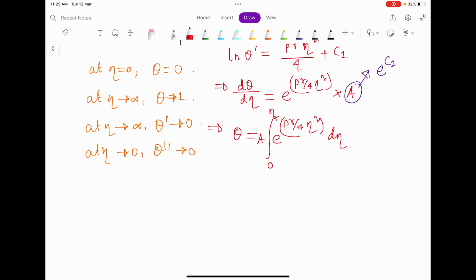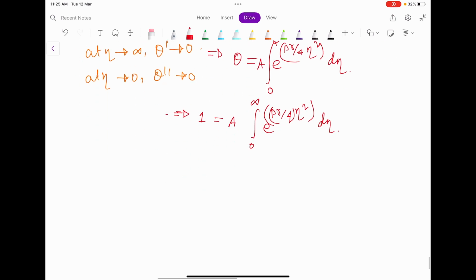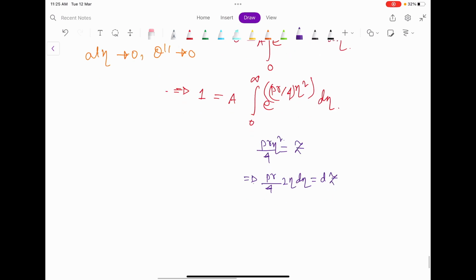If you now integrate this, how can I find this a? I can use this boundary condition here. At eta tending to infinity, theta is equal to 1. So let me do some substitution, that is Pr by 4 into eta square equal to z. So that means Pr by 4 into 2 eta d eta is equal to dz.